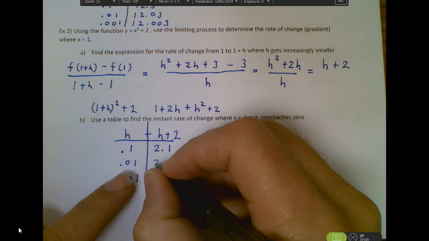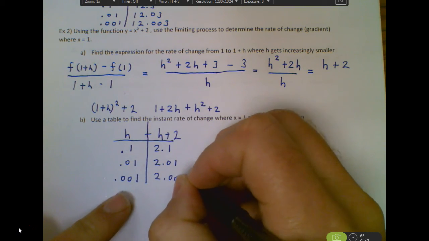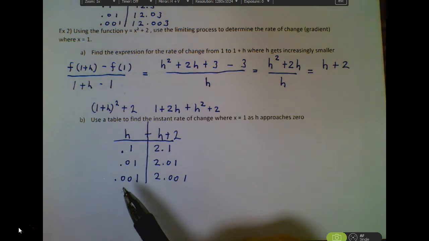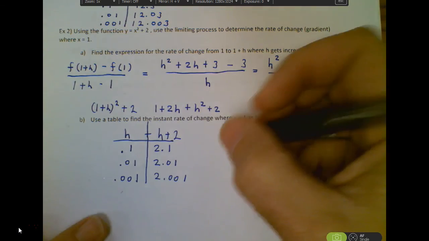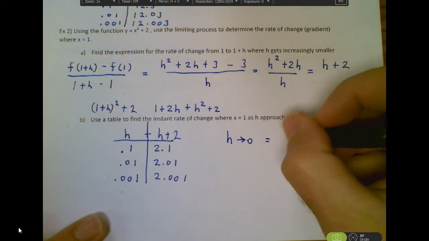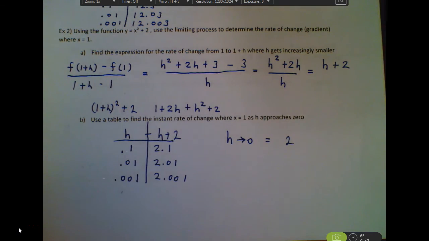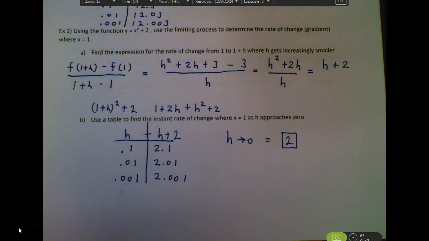And then 2 plus that. And you can see as h approaches 0, my slope approaches 2. And so I can see that my slope as h approaches 0 is 2. So we just found an instant rate of change at a single point instead of an average rate of change between 2 points. And so that's what this guy was all about.